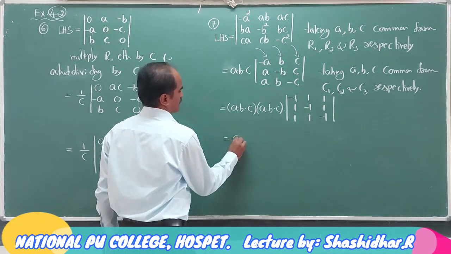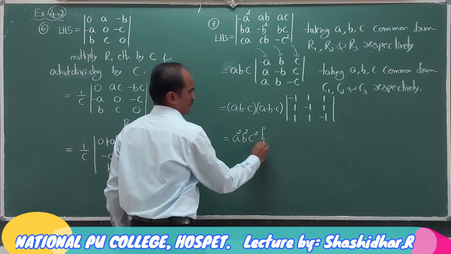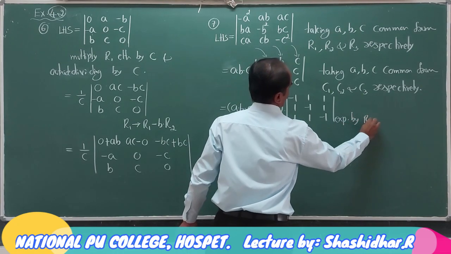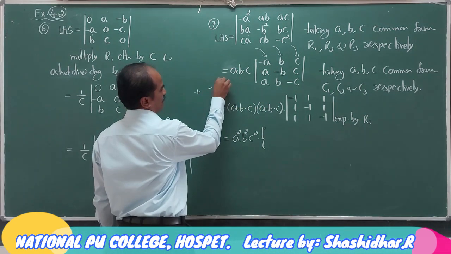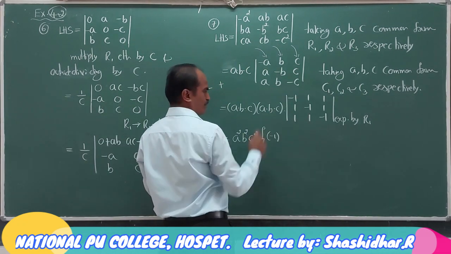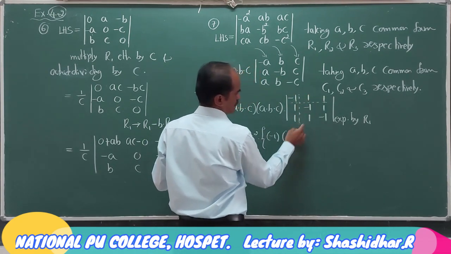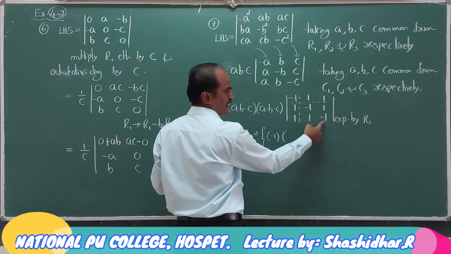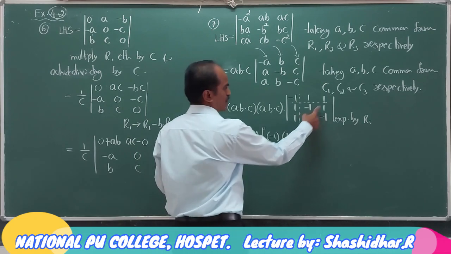So this is A square, B square, C square into, I am expanding by R1. What are the signs? Plus, minus, plus. So it is plus of minus 1 into, leaving first row, first column, product of principal diagonal elements, minus 1 into minus 1, 1, minus the product of other diagonal elements.